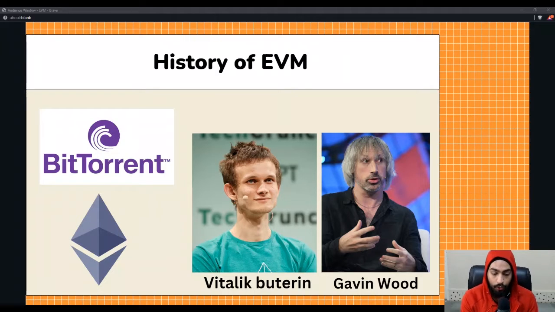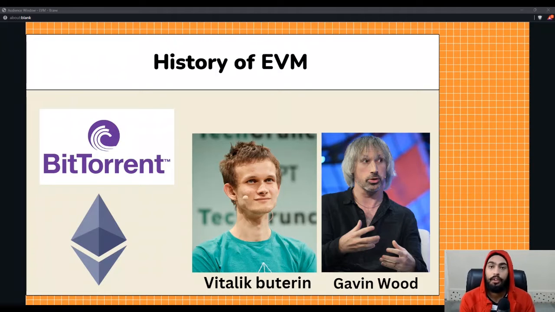So most of you know who Vitalik is, the founder of Ethereum, but people outside the industry don't know who Gavin Wood is. Gavin Wood is actually also one of the founders of Ethereum, and he was the one who designed the EVM in his tenure. He's also the inventor of the Solidity language.